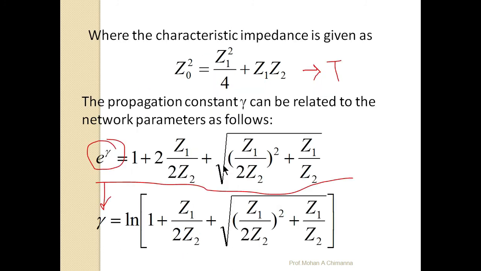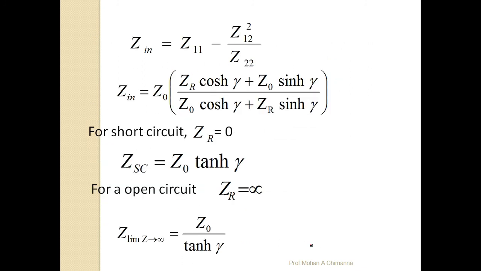So here the hyperbolic function should be given, and for that the hyperbolic function gamma is equal to the natural logarithm of 1 plus Z1 upon 2 Z2 plus root of (Z1 upon 2 Z2) square plus Z1 upon Z2.